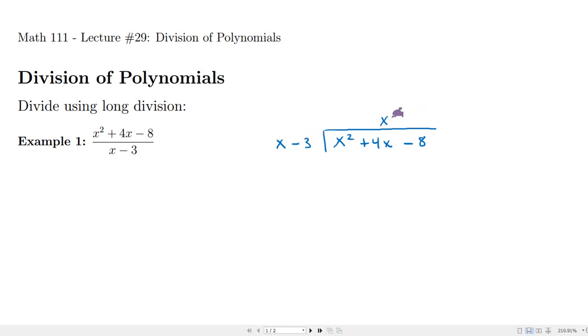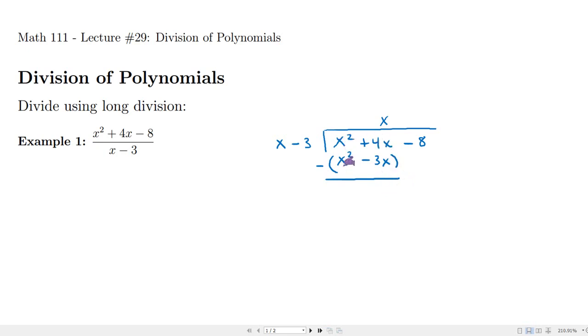Once you have determined that, then you take this and multiply by this whole thing you're dividing by. So what is x times this? We're going to write that under here. So x times this expression is x squared minus 3x. And just like long division, this is what we are going to subtract and simplify.